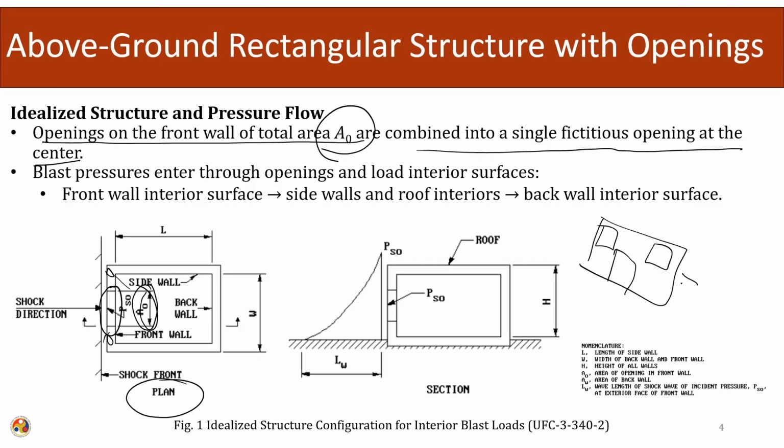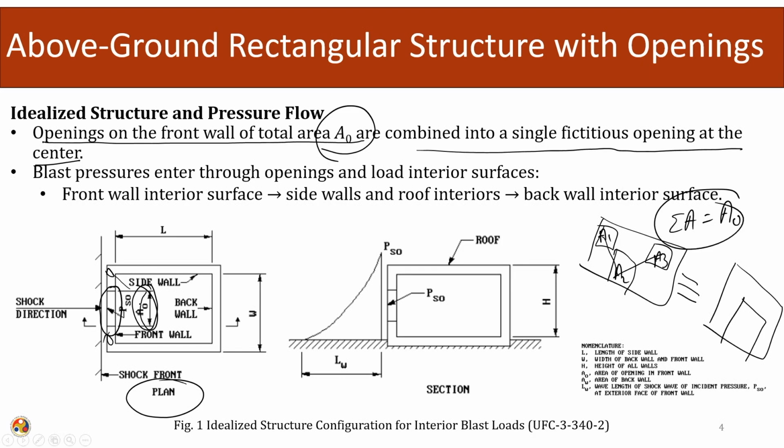What we are doing is making an equivalent structure that has an equivalent area, that is the sum total of these three areas, area 1, area 2, area 3. So, the sum total of area equals A0, that is represented here. The blast pressure enters through the opening and it loads the interior surface.